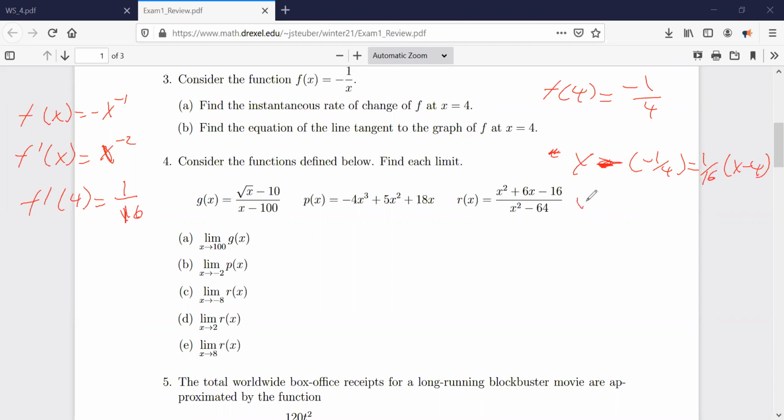So that is y is equal to 1/16 x minus 1/4, and then minus another 1/4. So I get y is equal to 1/16 x minus 1/2. Does that make sense to people? Yeah. Cool.